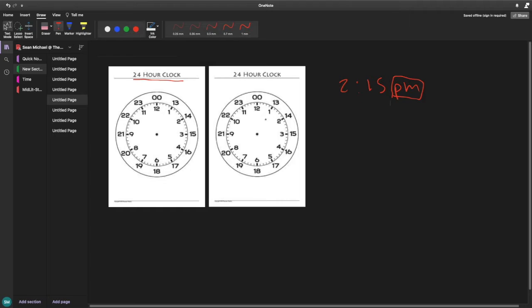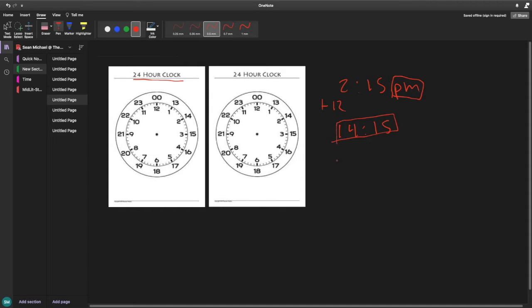And on a 24-hour clock, that means we have not reset, and so we're 2 hours past the 12. All we have to do when we see a PM like this is add 12 hours on. This gives us 14 o'clock, or 15 minutes past 14 hours. So that is what we have, a quarter past 14, and this would be our 24-hour time.